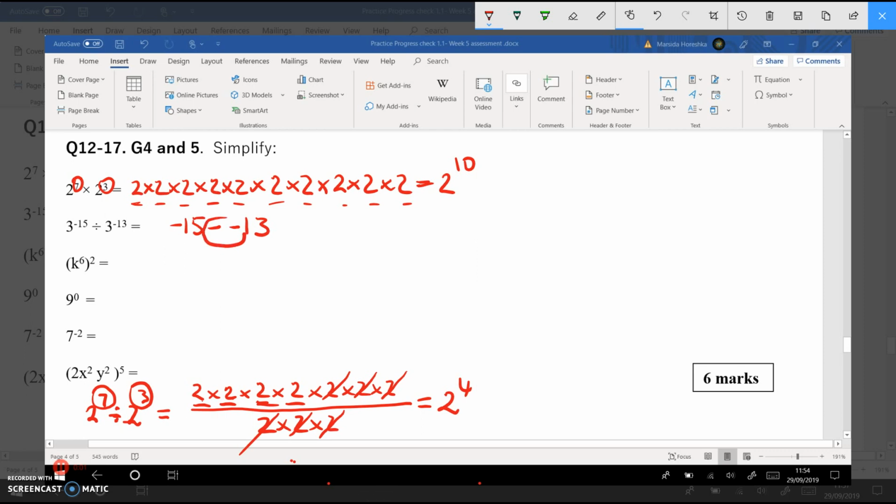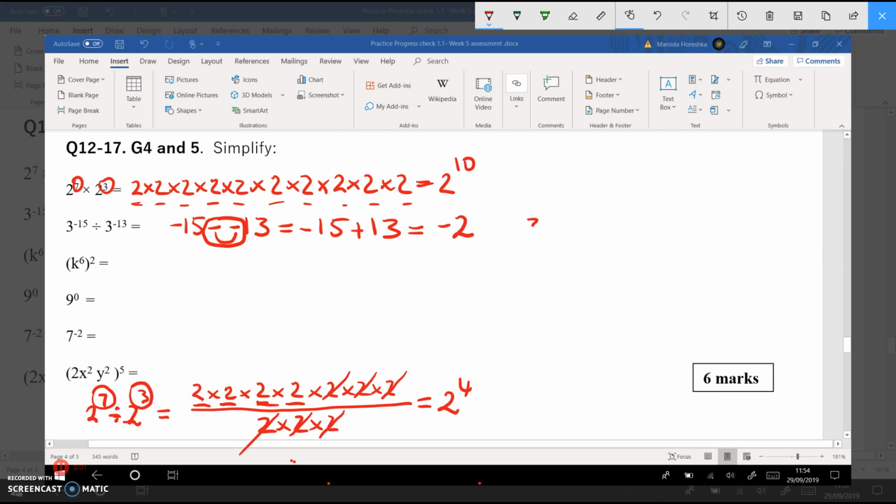And minus and minus are next to each other, so that means they are the same and it's going to turn into a positive. So this will become minus 15 plus 13. And imagine minus 15 degrees, it's really cold, but then it goes up by 13 degrees, so it increases and it will go to minus 2.